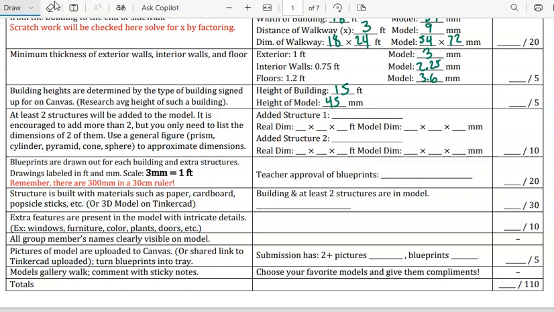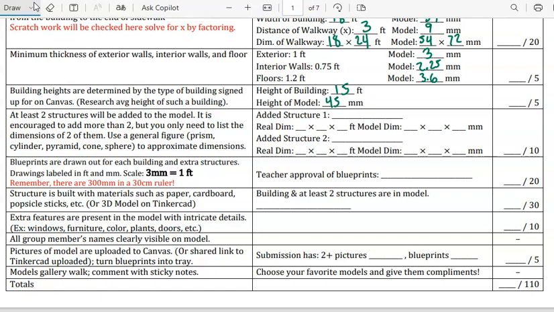Once you have finished writing all of those down for your given length and width, I'll sign off for those approved blueprints. Once you have finished your building model with the 2 walls, the floor, and at least 2 structures, you'll either turn in a picture on Canvas or turn in a link to the shared Tinkercad design.